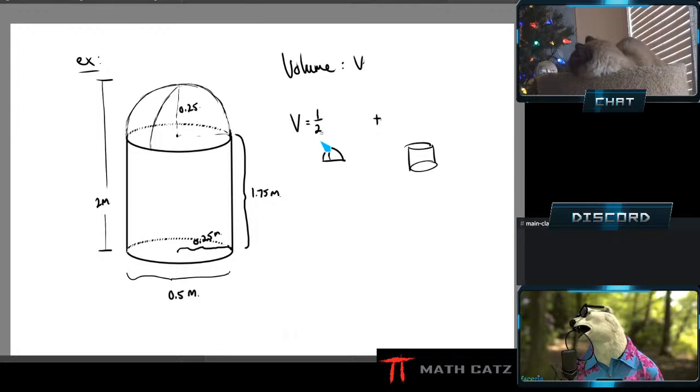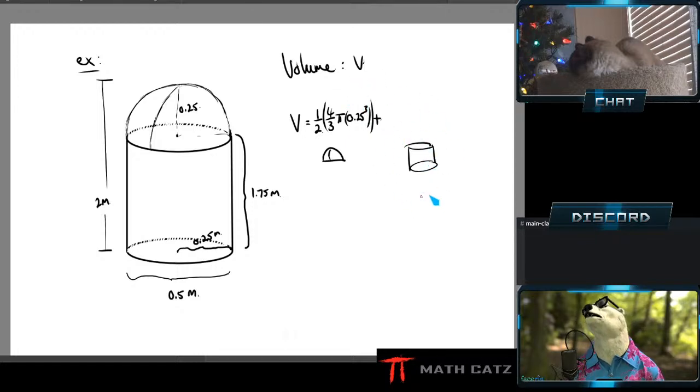Dome is a half of a sphere. So it's a half times the volume of a sphere. 4/3 pi, squeeze it in that much. Pi times radius cubed, so 0.25 cubed. Hopefully you can read that.